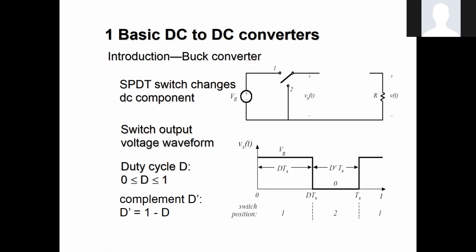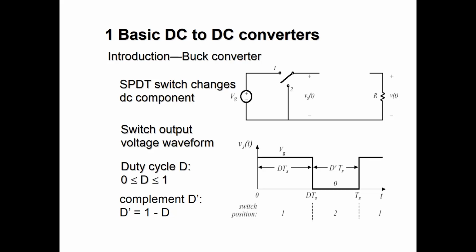Normally the duration of the switch is from 0 to 1. The minimum is 0 and the maximum is 1, and D is the duty cycle. So when D is 0, the switch is connected to position 0, and when D is 1, the switch 2 is connected. So its value can be changed.